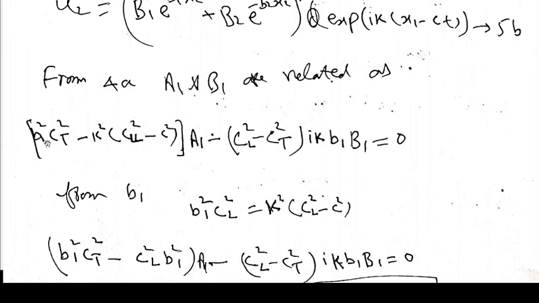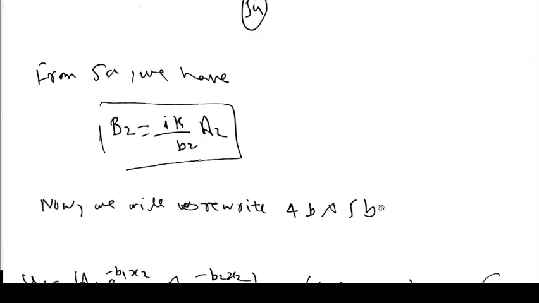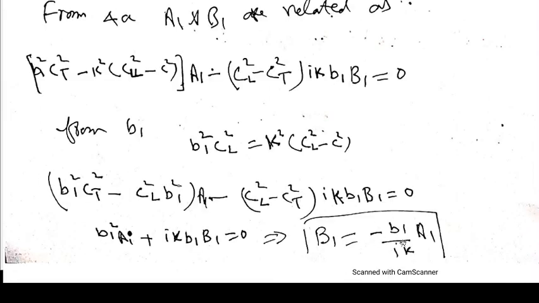If you write here b2, then the value of b1 here will not be b1. So to avoid that, write from equation number 4a as b1, a1, b1, b1. After simplification you have this capital B1. Now this is the relation between B1 and A1, that if you have A1, then you can have your capital B1 from here.